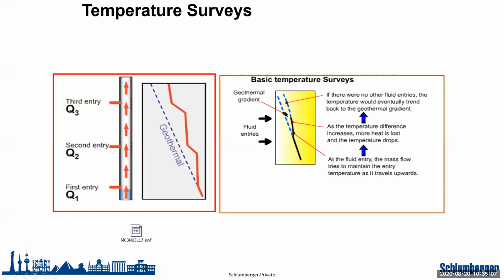If I don't see any other fluid entry, my temperature tends to remain parallel to the geothermal gradient, and eventually it is going to come back to the geothermal gradient response after some time, as it loses heat.